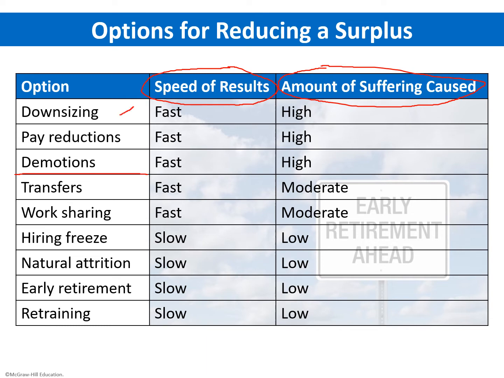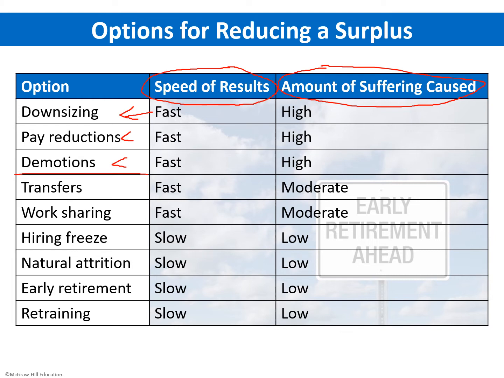The first one being downsizing, which would be essentially removing employees from the organization, and then the second two being pay reductions and demotions. And these two aren't necessarily going to remove people from the organization, but they're going to lower what we pay our employees, and they also are potentially going to motivate people to resign from the organization.